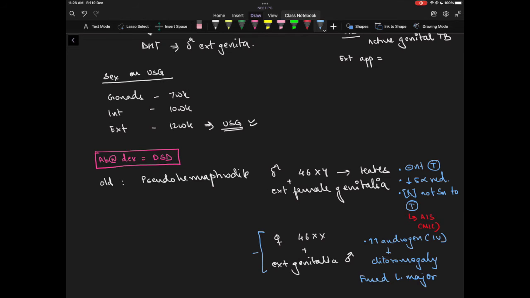So it appears like a scrotum. These changes are called virilization, very important, and this is due to congenital adrenal hyperplasia, and the most common cause is deficiency of 21 alpha hydroxylase.